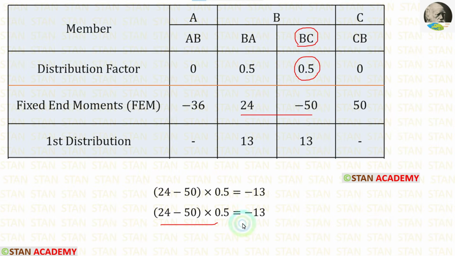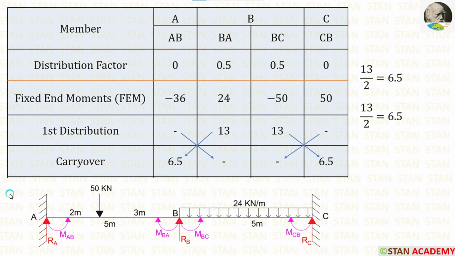When we do that, we are getting negative value, so we are entering inside the table as positive. Here both of the values are same because we are having same distribution factor value. We cannot make a distribution for AB and CB because their distribution factor value is 0.